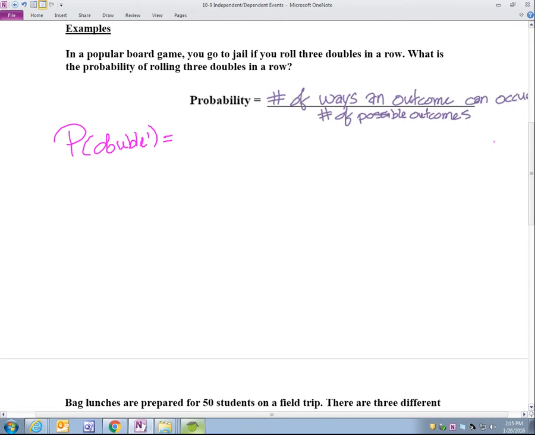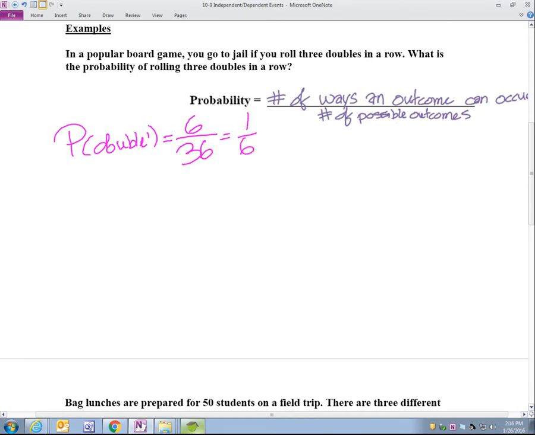How many doubles can you get by rolling a die twice? There are 6 of them. You can get a double 1, double 2, double 3, double 4, double 5, double 6. So there are 6 out of how many total that we did just a minute ago? 36 possibilities in all. And I need to simplify that.